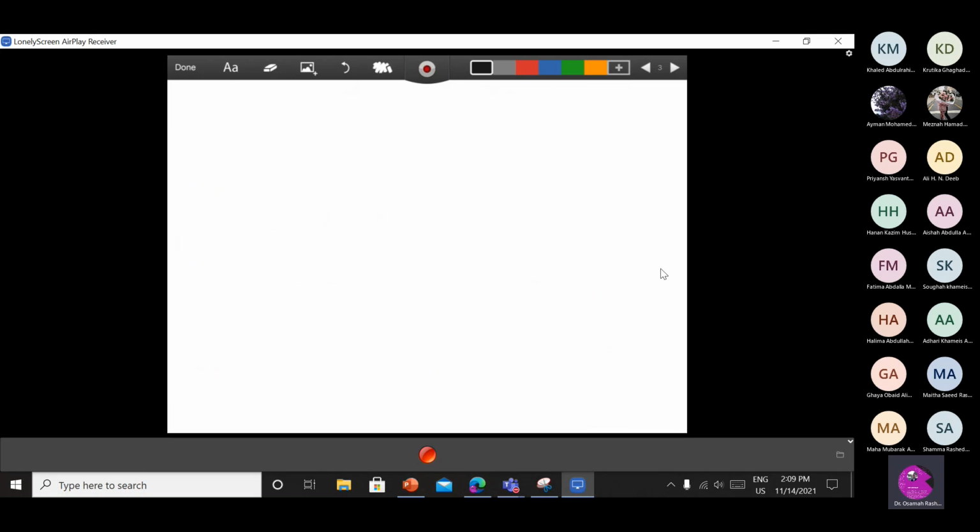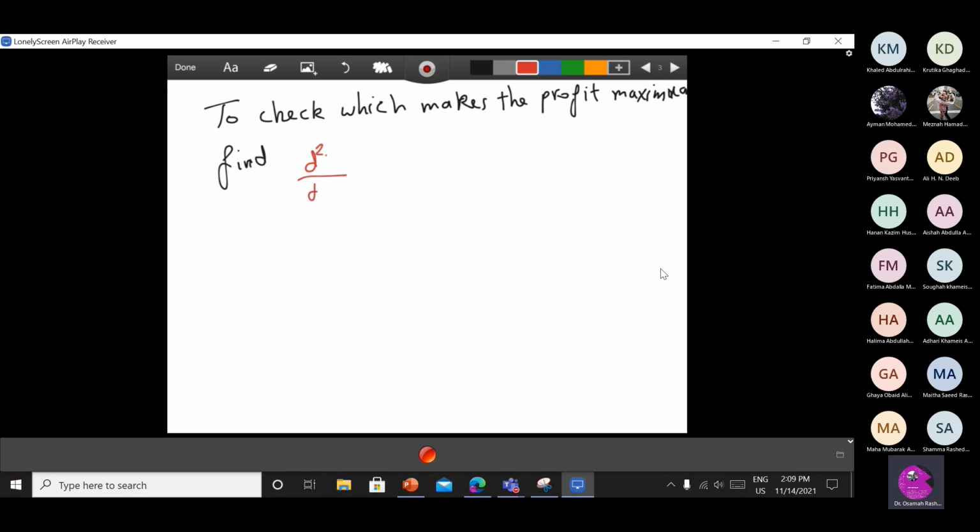So to check which makes the profit maximum, what you do, we find the second derivative, d squared by dx squared, of the profit.